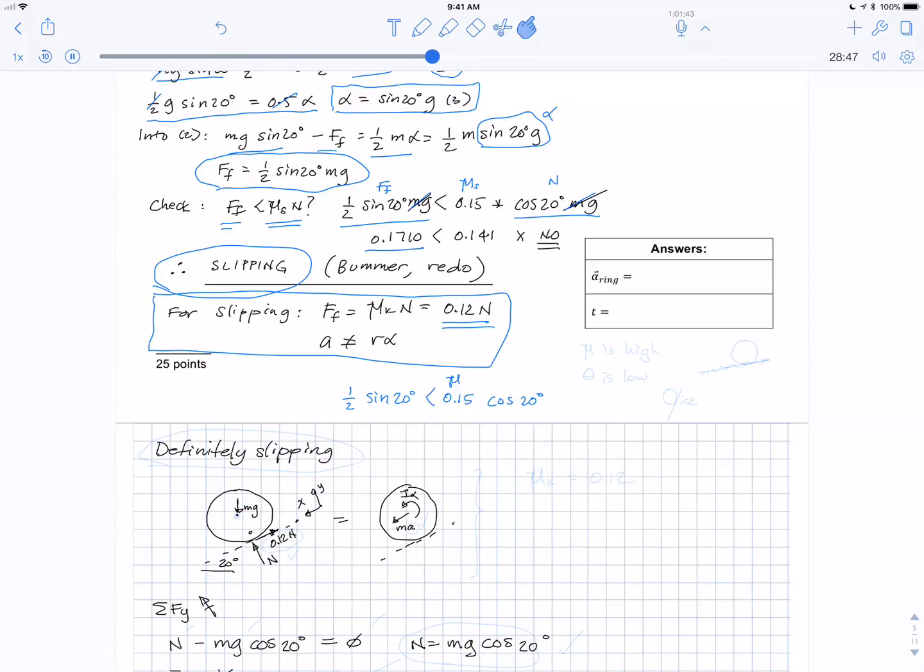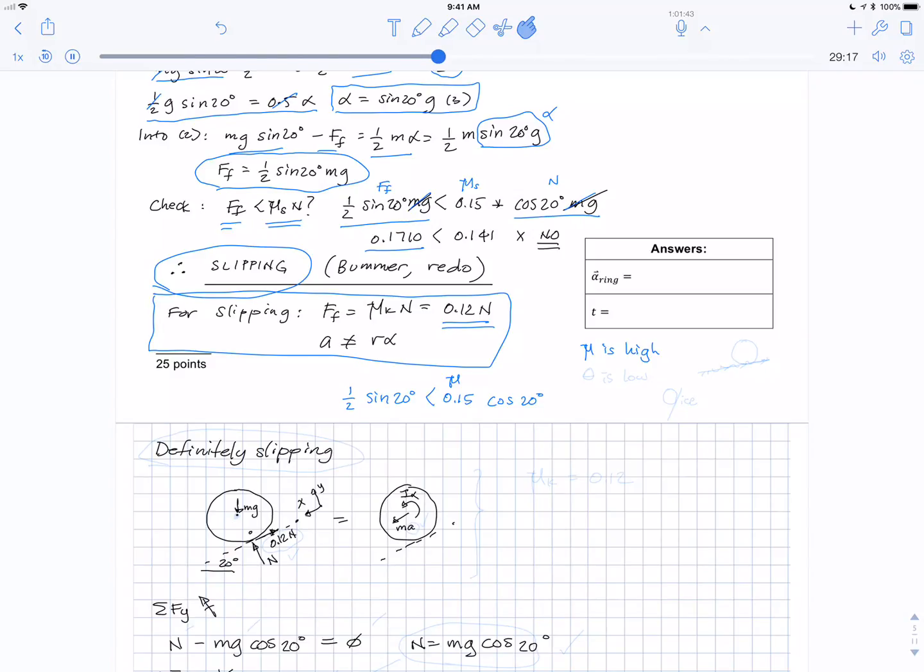So when the right-hand side is greater than the left-hand side, it will not slip. And so I'm thinking, what makes the right-hand side big and the left-hand side small? If the coefficient of friction is high, the right-hand side is big. Also, what angle makes the cosine big and the sine small? Well, small angles, for example, 0.